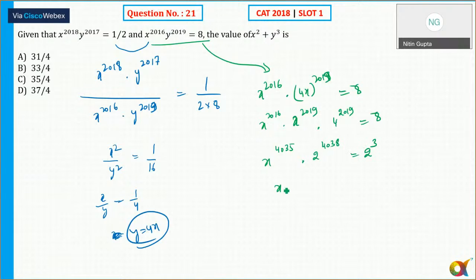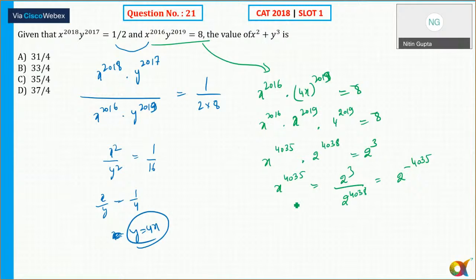So I'll get x raised to power 4035 is equal to 2 raised to power 3 upon 2 raised to power 4038, which is equal to 2 raised to power minus 4035.